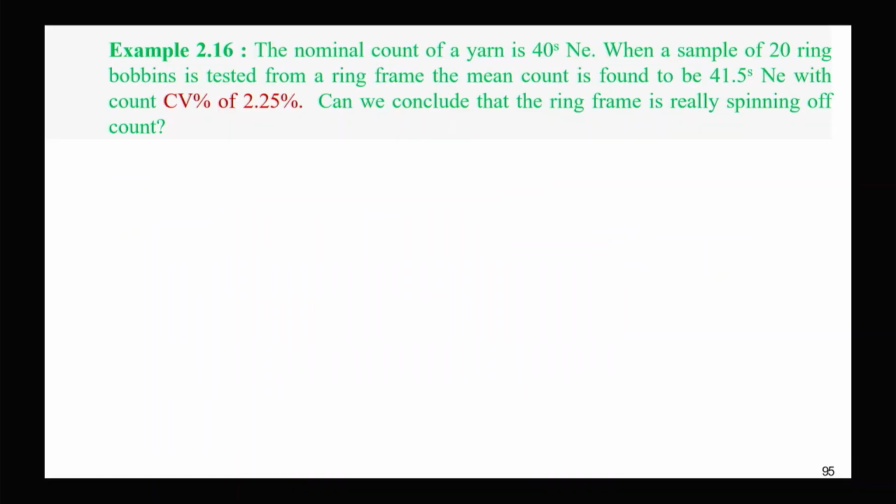numerical is that the nominal count of a yarn is 40 NE. Now, when a sample of 20 ring bobbins is tested from a ring frame, the mean count is found to be 41.5. So 40 is the nominal, so we have a little bit finer count.